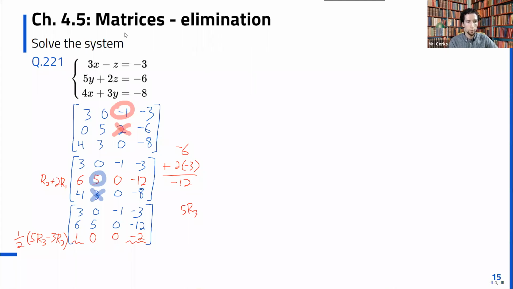But we still have that triangle shape here. We have 1 row where 2 other things have been eliminated, and then 1 row where 1 other thing has been eliminated. Just by chance, we've also eliminated this upper position here. So we've made a lot of progress, and this is still working.